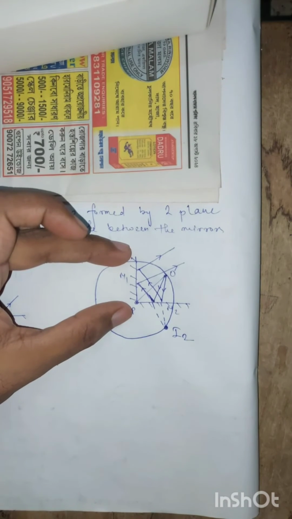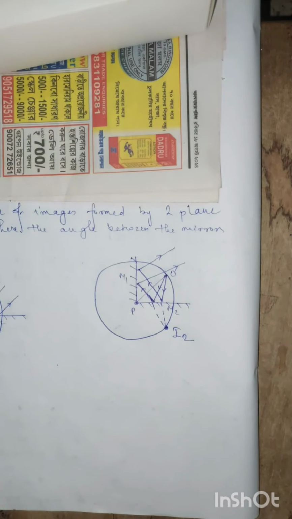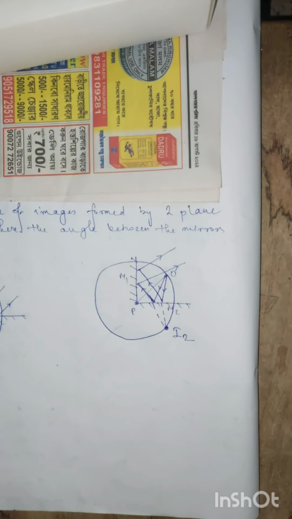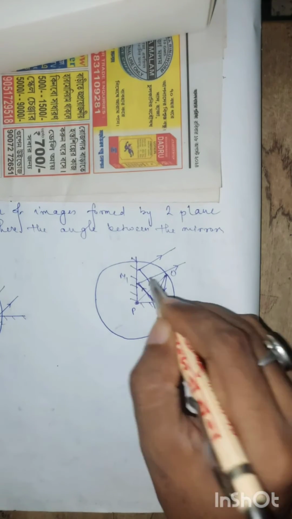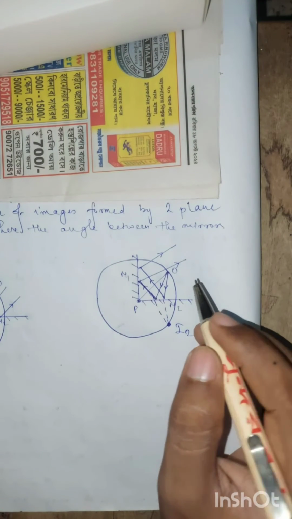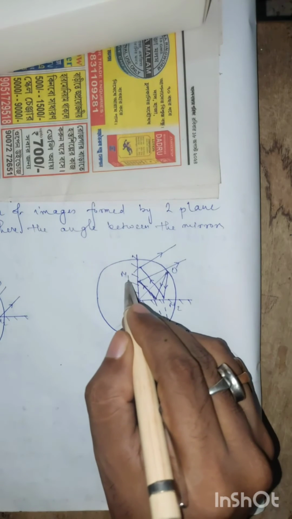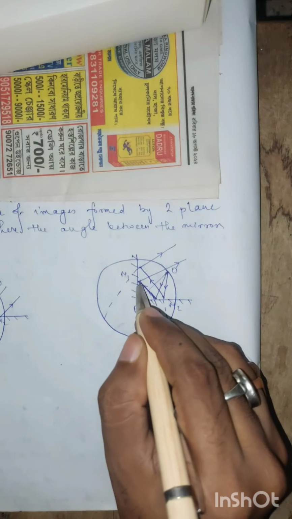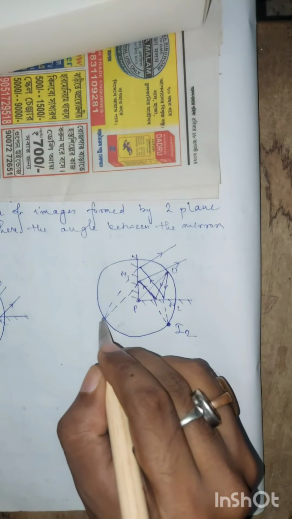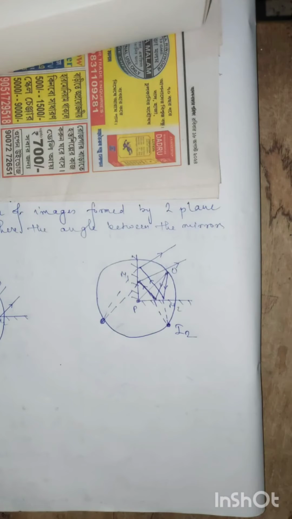Okay, so if we drag them, they will meet at a certain point on the circumference.